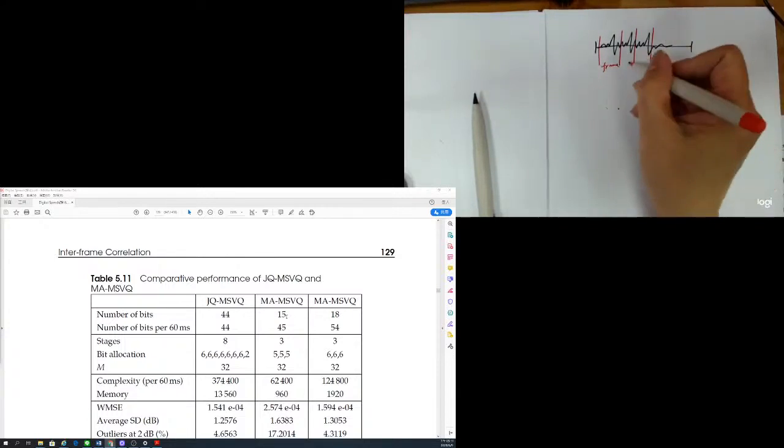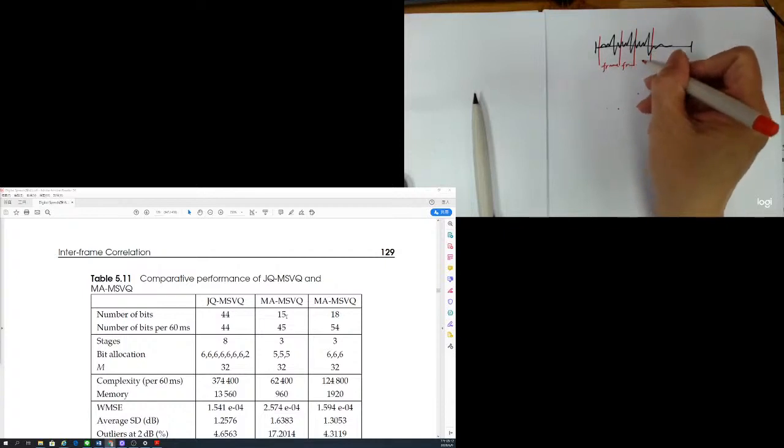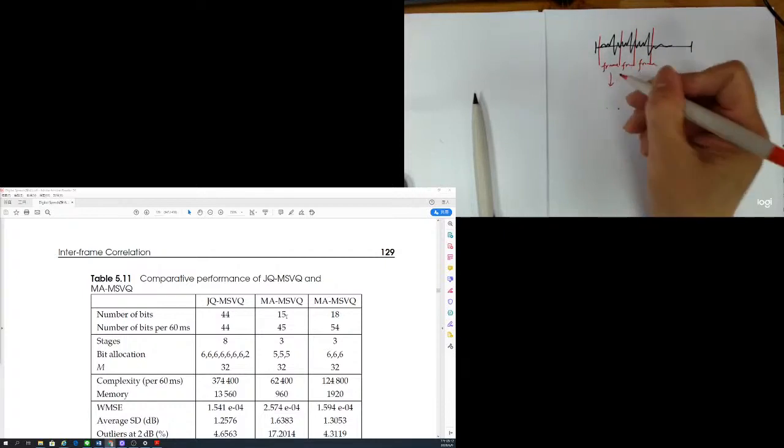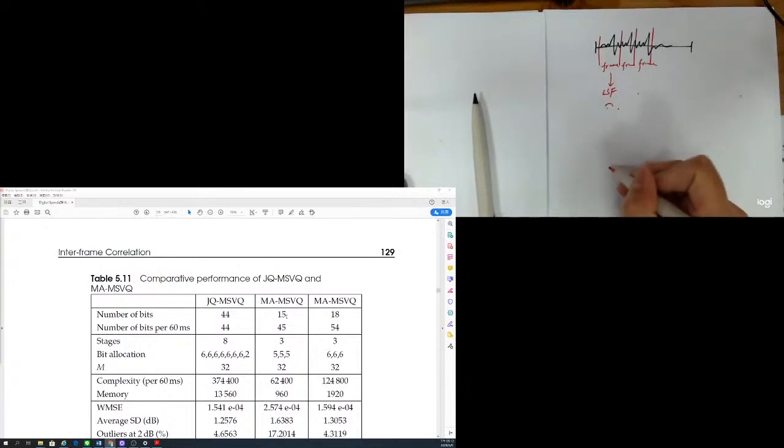So we have three speech frames, and each speech frame will have a line spectrum frequency vector.